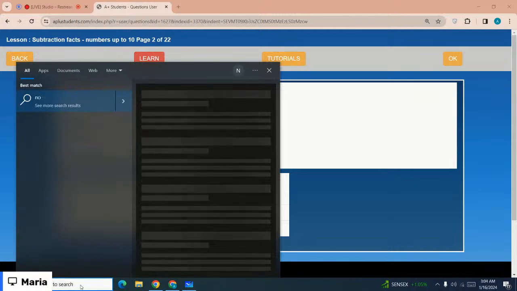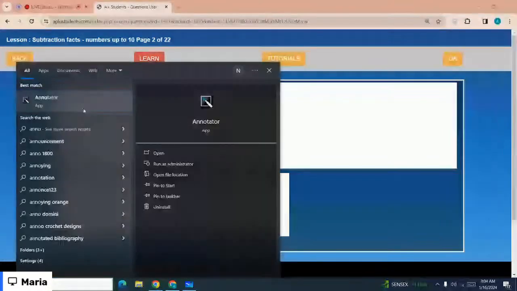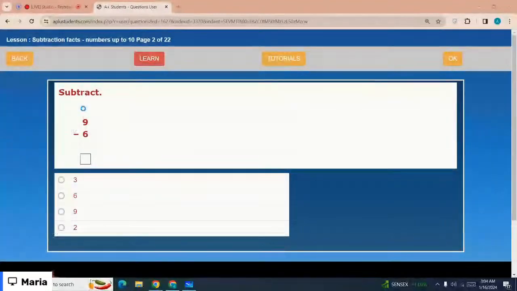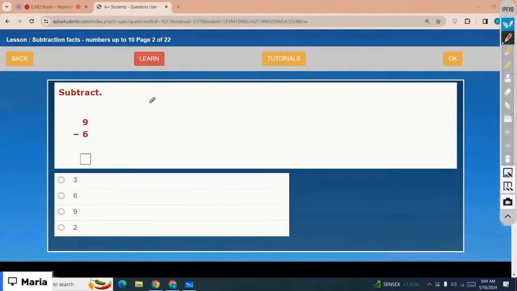I'm going to start with the smaller number until the greater one. 6 is smaller, so start with 6 and count until 9: 7, 8, 9. So you have three numbers. That means 9 take away 6 is 3.